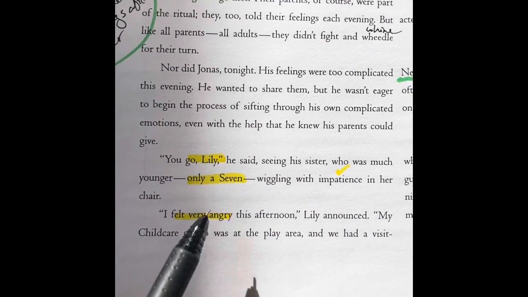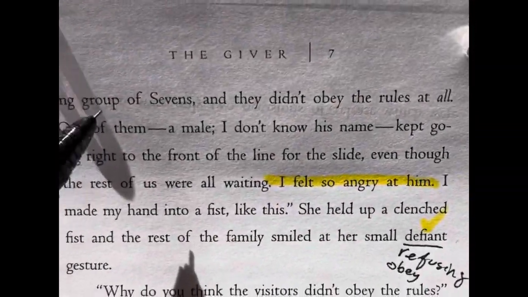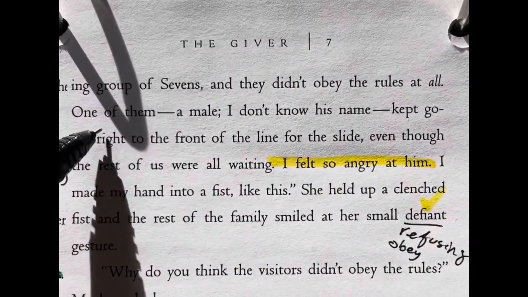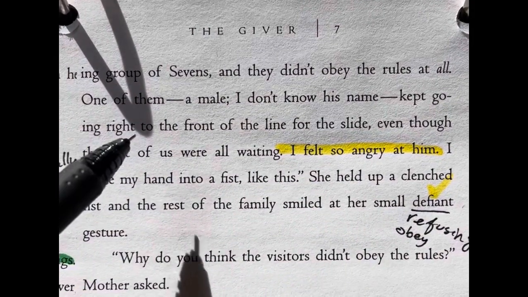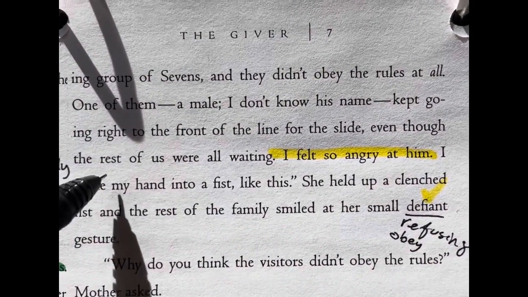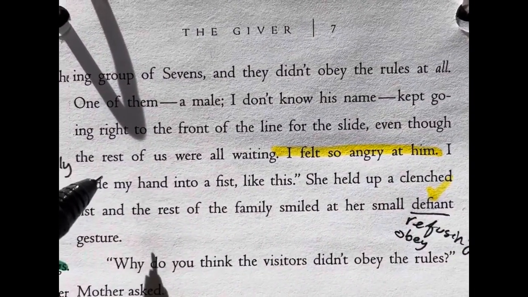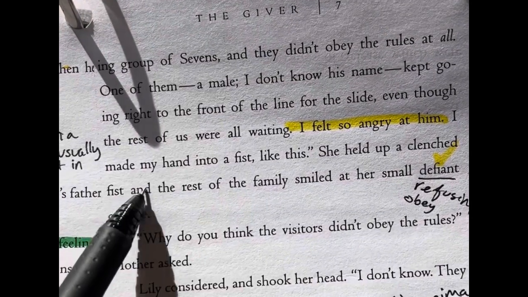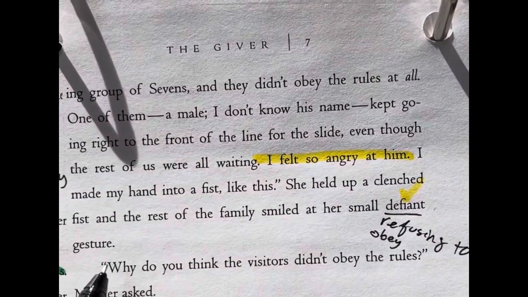I felt very angry this afternoon, Lily announced. My childcare group was at the play area, and we had a visiting group of 7s, and they didn't obey the rules at all. One of them, a male, I don't know his name, kept going right to the front of the line for the slide, even though the rest of us were all waiting. I felt so angry at him. I made my hand into a fist, like this. She held up a clenched fist, and the rest of the family smiled at her small, defiant gesture.